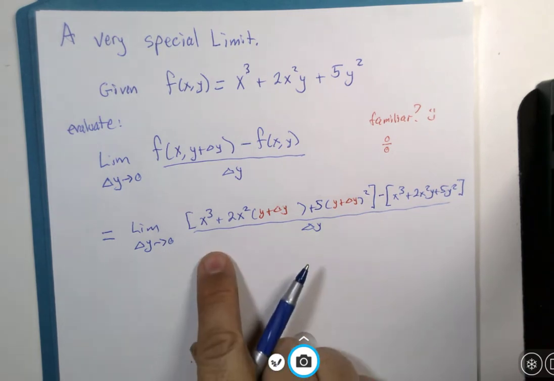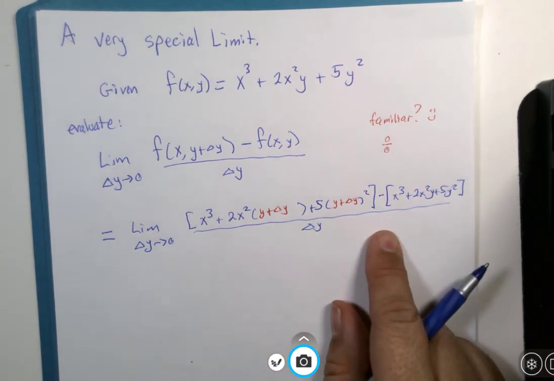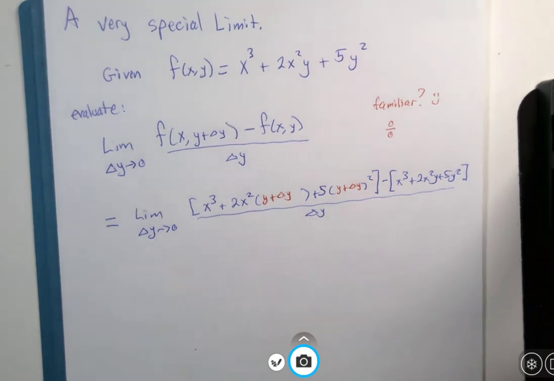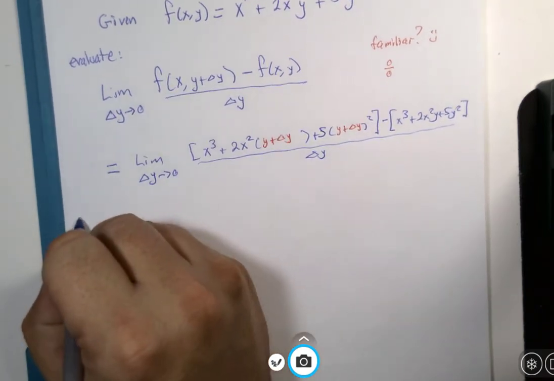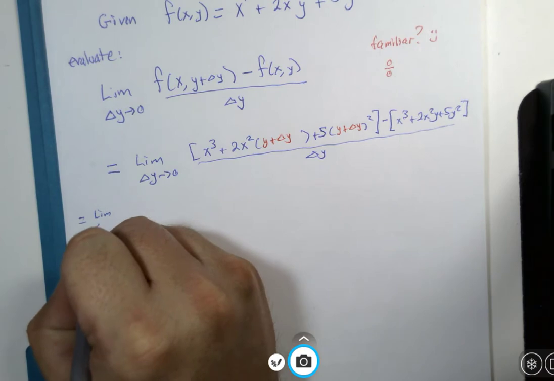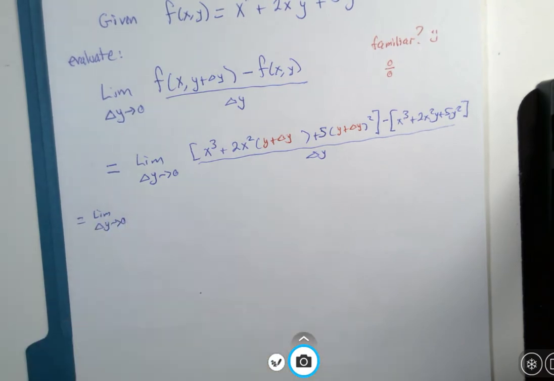So we're just going to walk through the algebra that follows from this. Let's see if I can create a little bit more width on my paper here. Limit delta y approaches 0.